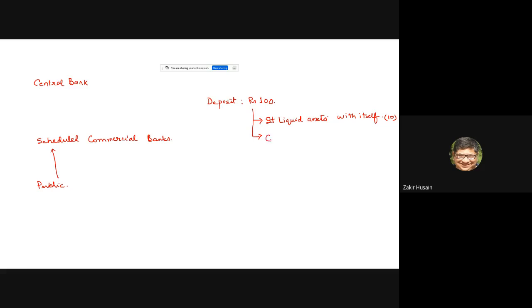Another part is kept, this is also liquid, it is kept with the central bank as liquid asset or in the liquid form. Let us say this is 5. So this is called cash reserve ratio and this is called statutory liquid ratio. So if you have 100 rupees, 10 rupees is kept with the bank, 5 rupees is kept with the central bank, and the remaining 85.